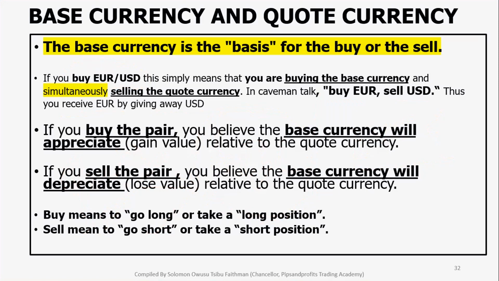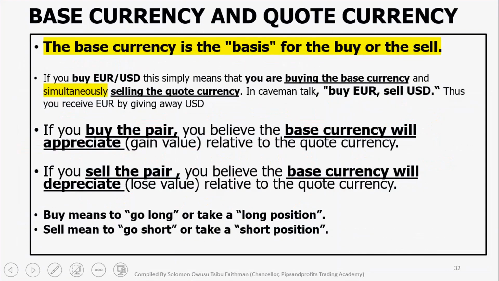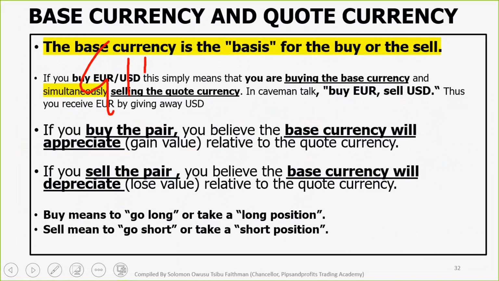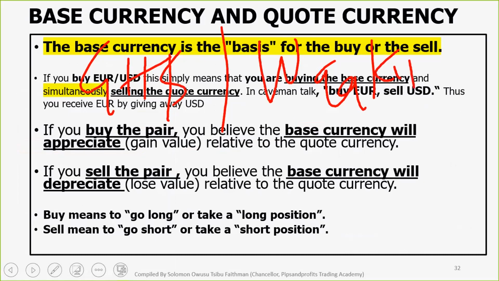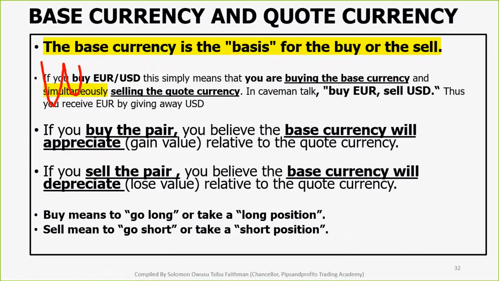So let's use food to also explain this. You have Ghana cedi against Wache. Let's start with the Wache first, because it's the Wache that we are going to buy.